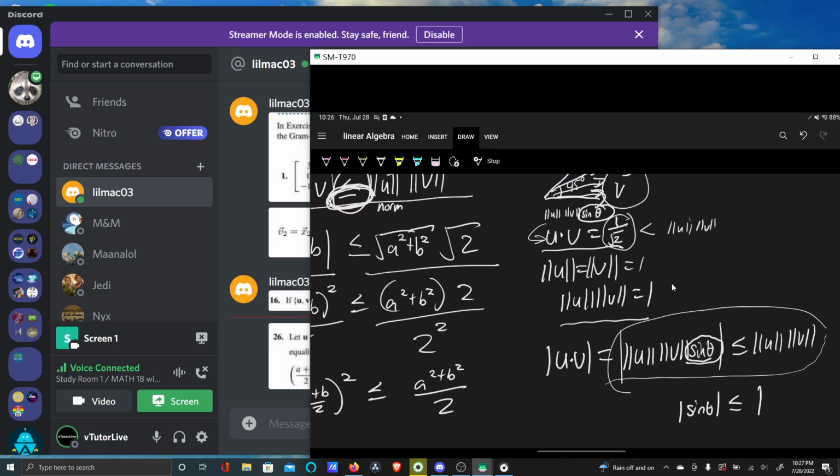It's saying that at best, when the two things are parallel to each other, equality is achieved. And that's the biggest that the dot product can get, when the vectors are the same. Otherwise, on the other end of the spectrum, when they're orthogonal to each other, then sine theta is 0. That's as small as it can get. That's all Cauchy-Schwarz is saying.